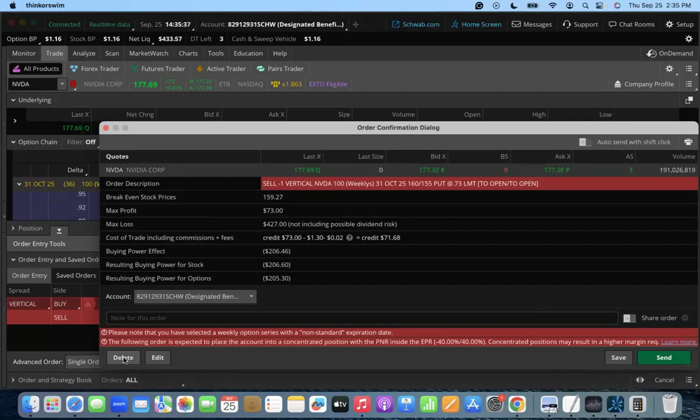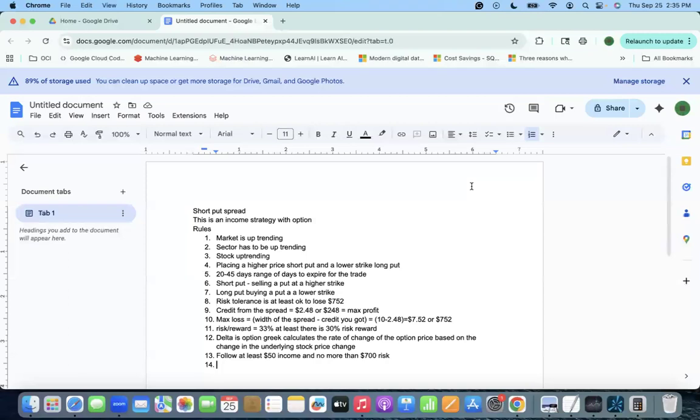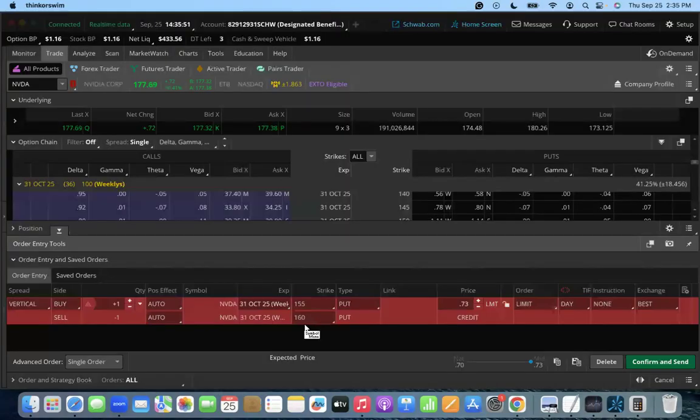Yeah, I mean, this is pretty much it. So it's a play of delta, and a play of choosing the right expiry date and the right width of the spread, once you settle on the short side of the put. Another thing I want to say is that the short put in a vertical is critical. You want the stock above this, so this is where the delta focus would be.